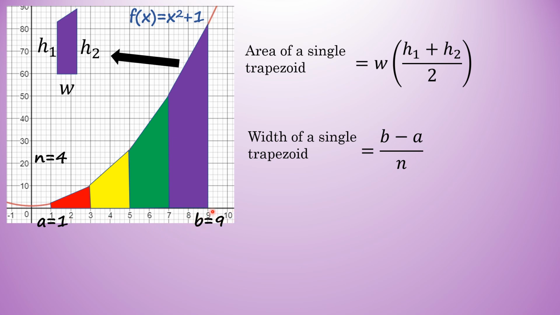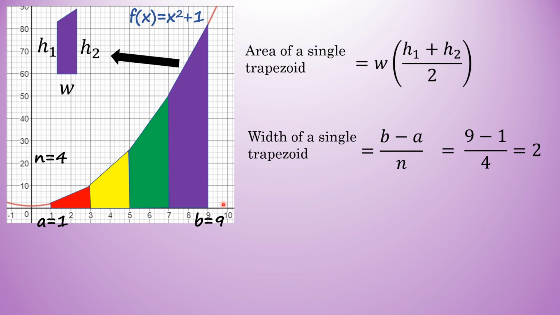So the width of a single trapezoid would be 9 minus 1 divided by the number of trapezoids we have, 4. Therefore, each trapezoid is 2 units wide. And that's pretty clear to see. We have the graph here, and you can count the number of units on the x-axis to verify that each trapezoid is 2 units wide.